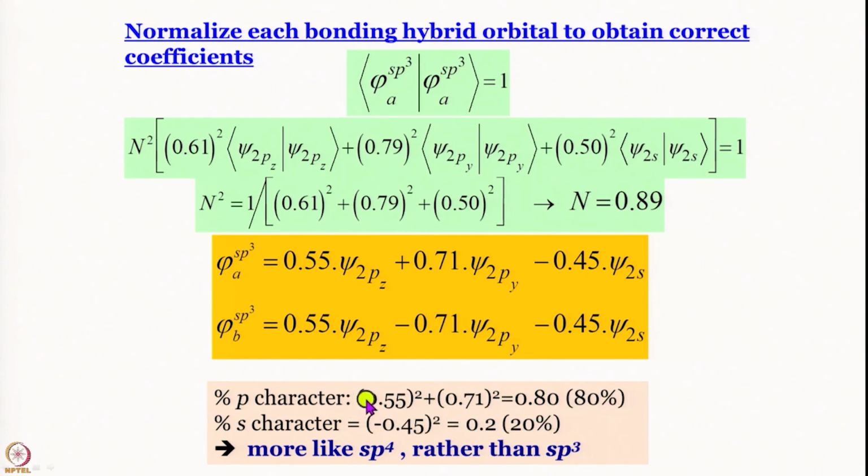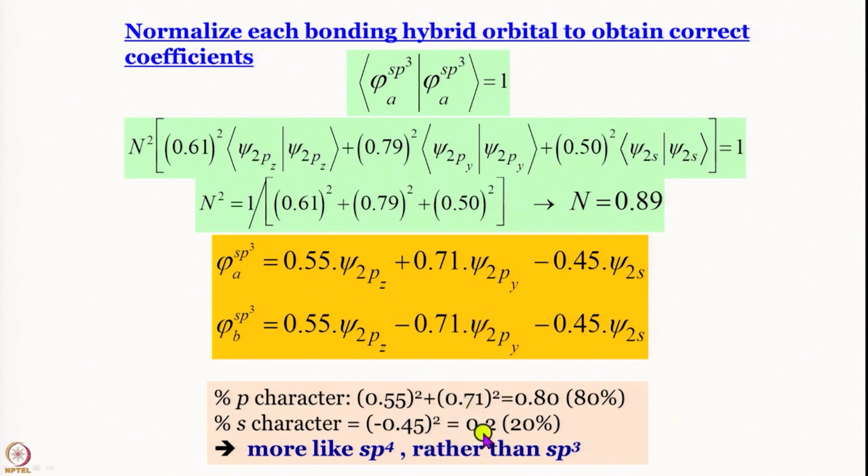So, this hybridization is actually sp4 hybridization, not really sp3 hybridization. Now, if I just say it casually, you might think, where did that fourth p orbital come from? The fourth p orbital did not come from anywhere. This exponent here is simply proportional to the S character and P character, that is all. There are only 3, in fact the way I have written it here, only 2 of the p orbitals have contributed, but it does not matter.